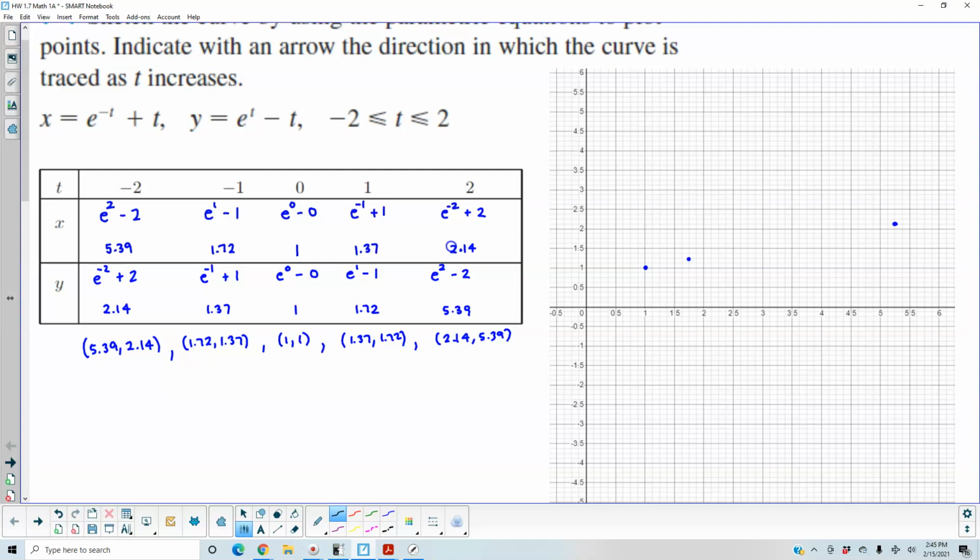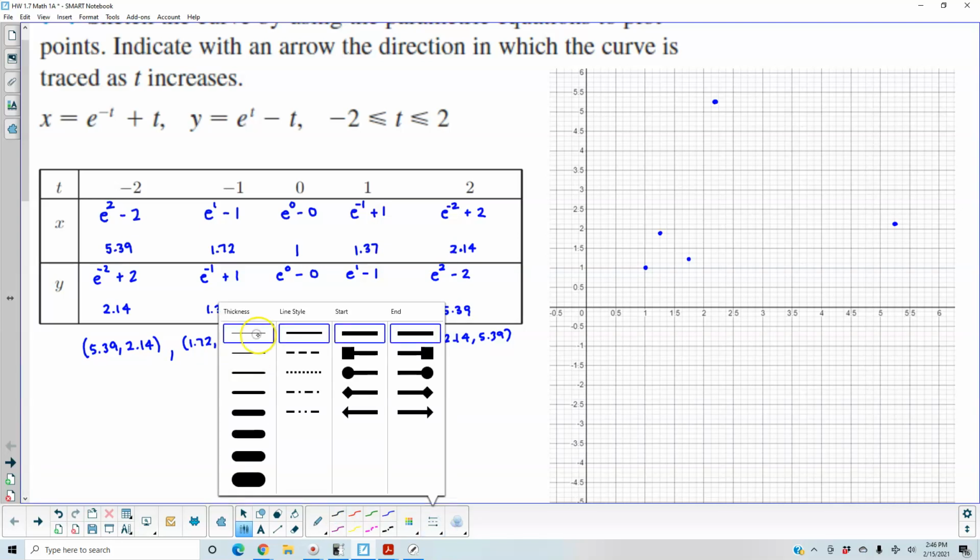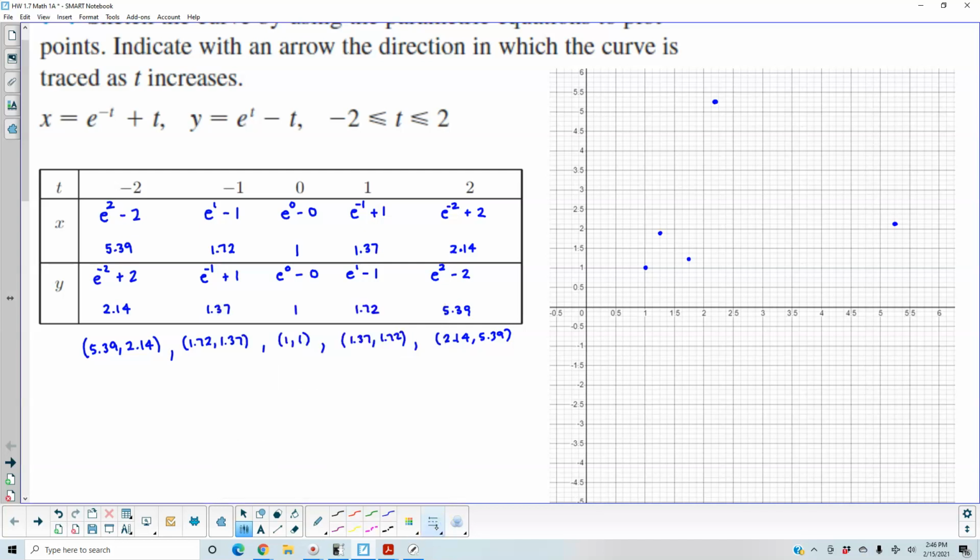And then we have 1.37, 1.72. And we have 5.39, or excuse me, 2.14 and 5.39. So, therefore, we're going to have this graph that goes through these points.